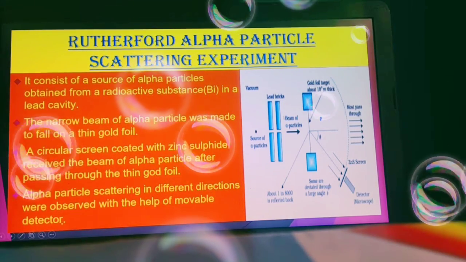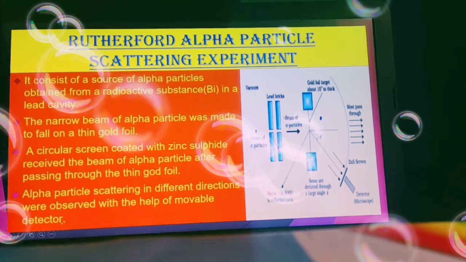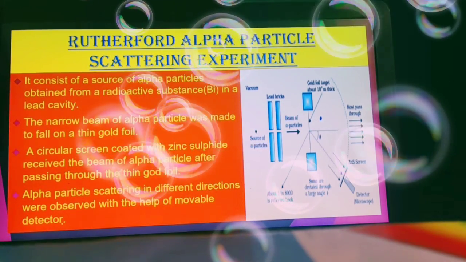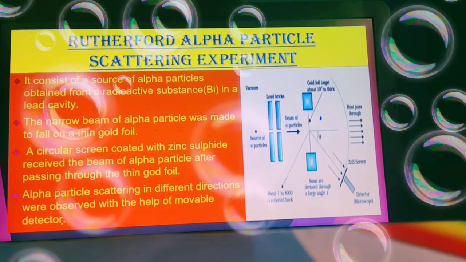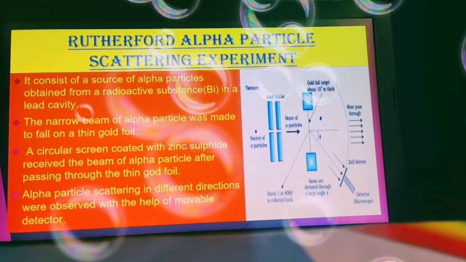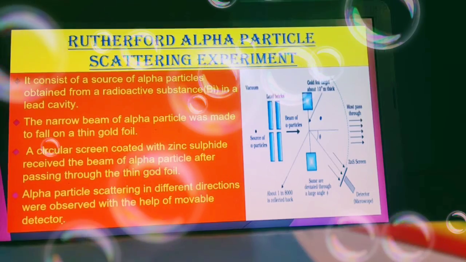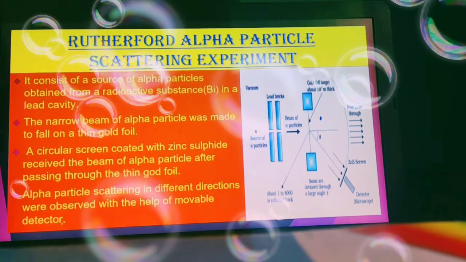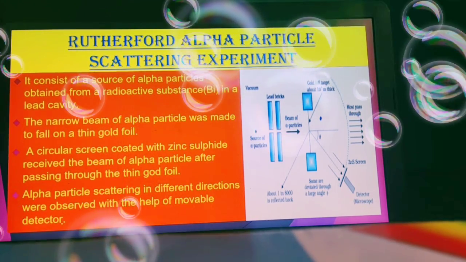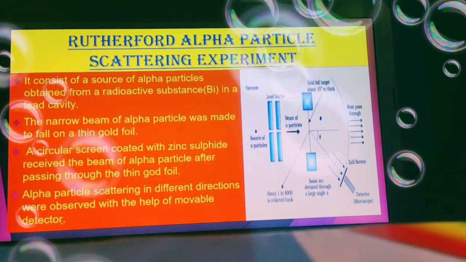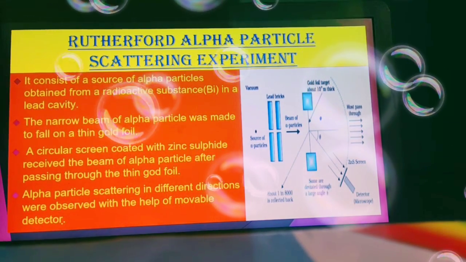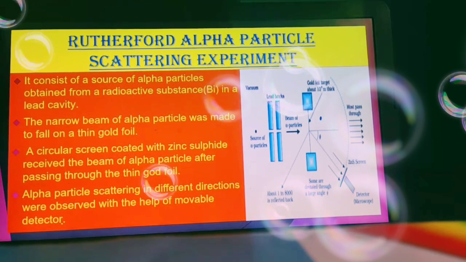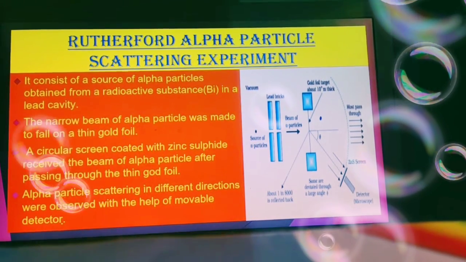It consists of a source of alpha particles which are obtained from a radioactive substance inside a lead cavity. So, due to the lead bricks, the narrow beams of alpha particles are emitted and fall on a thin gold foil.